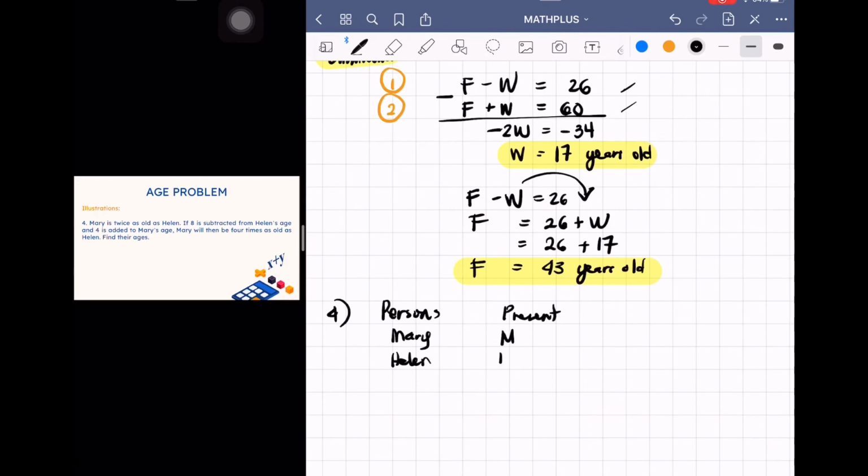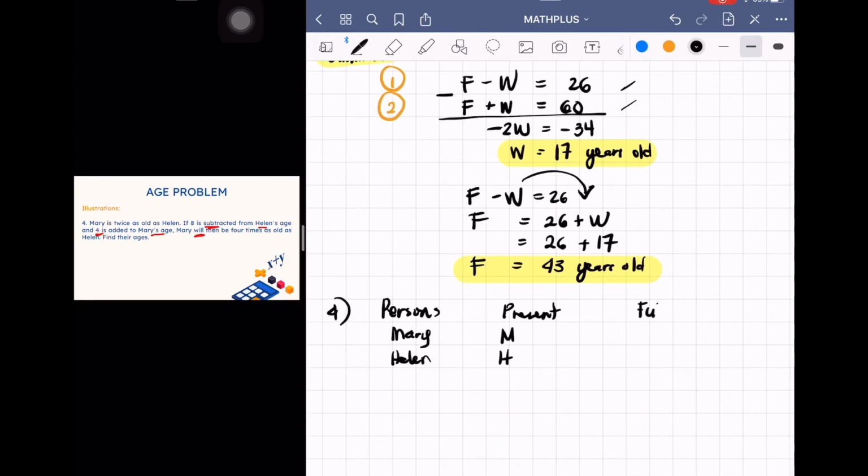M and H. Unfortunately, this problem does not make clear whether the second statement is in the present or future tense, because you will be subtracting a value from Helen's age, that means past, and you'll be adding to Mary's age, that means future, but the tense of the verb is will, so let's just say that it is the future, or there's a specific time frame they're using.